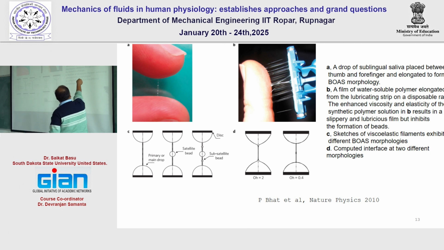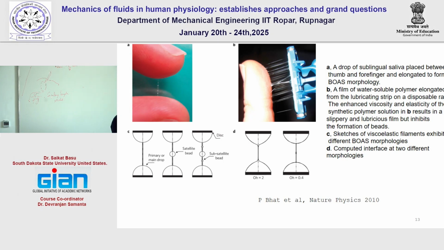Likewise, a water-soluble polymer can be elongated. If you try this with water, such long-lasting filaments will never appear. Again, here you can see the satellite beads appearing, and even further, sub-satellite beads. These are the features of a beads-on-a-string structure.